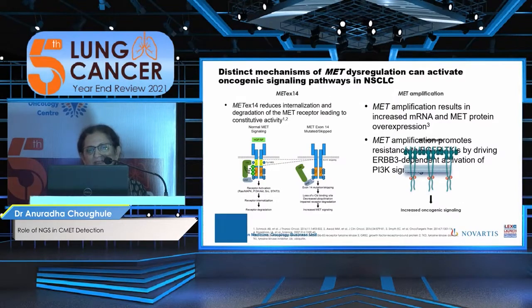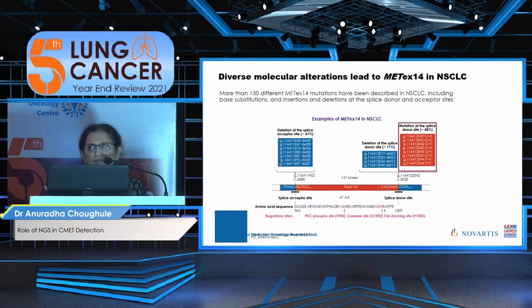With this increased MET signaling, there is a lot of MET amplification seen, an increase in the MET protein, and also an increase in the mRNA; you see various genomic alterations present. So why is it important to look for RNA based rather than DNA based technology on NGS? Because more than 150 different MET exon 14 skipping mutations have been described.